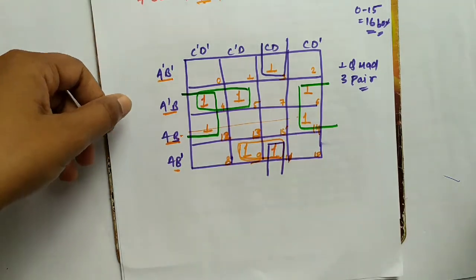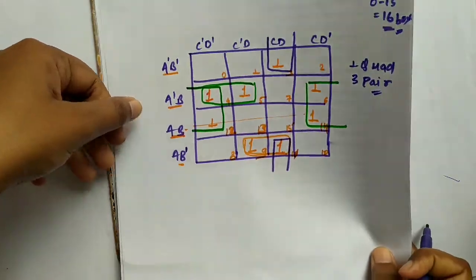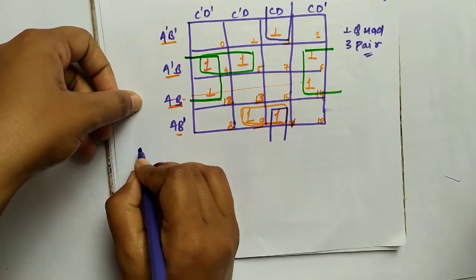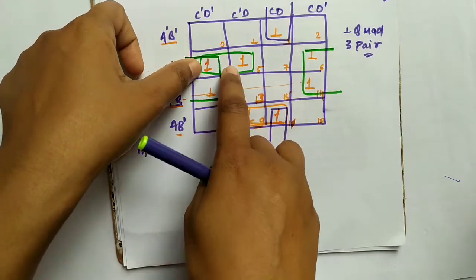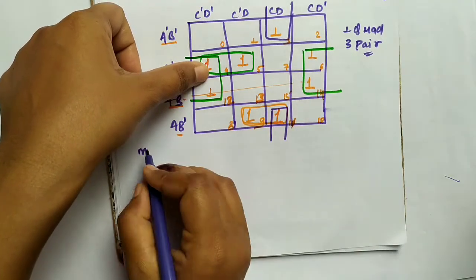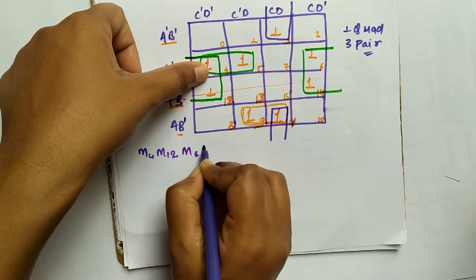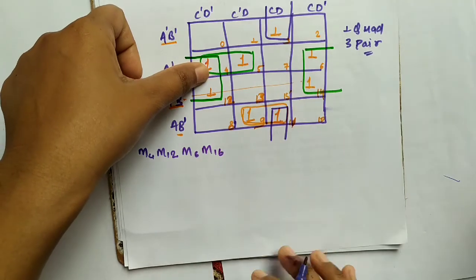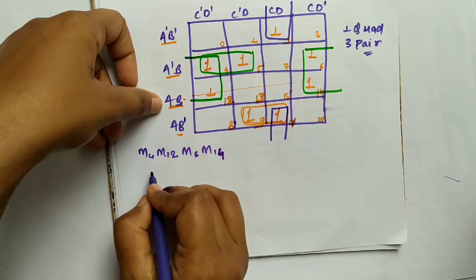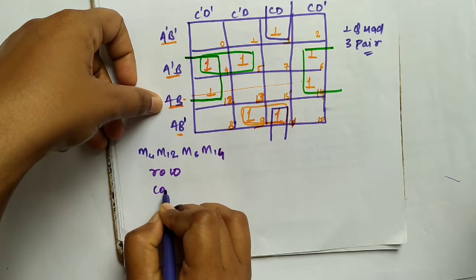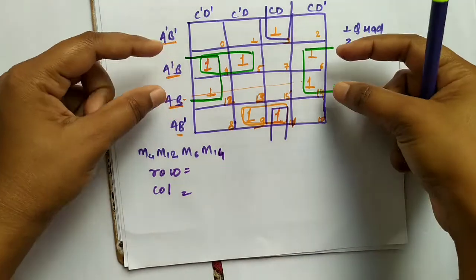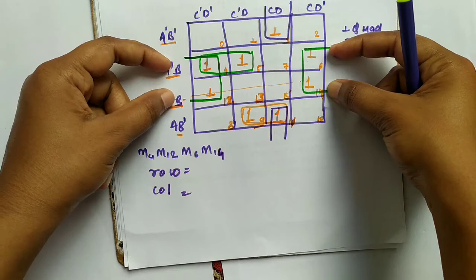So let's make the quad first: that is M4, M12, M6 or M14. So for the row and column, in that row this is A dash B, dash AB.